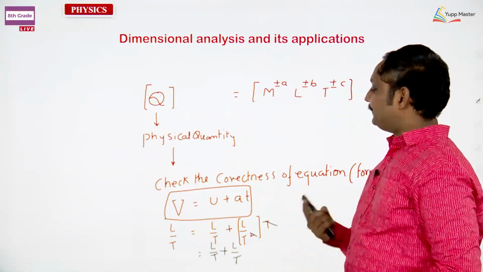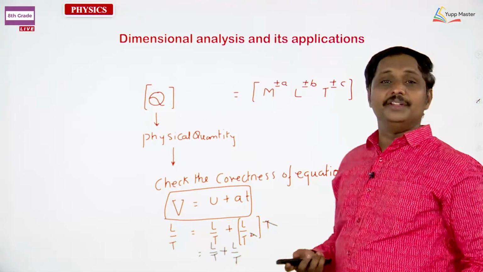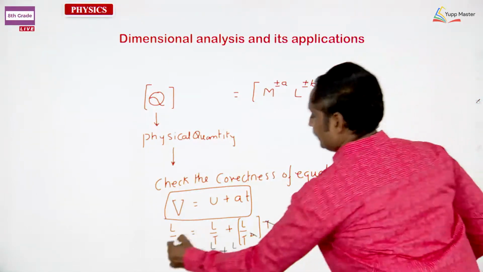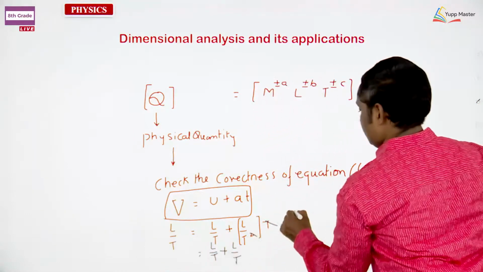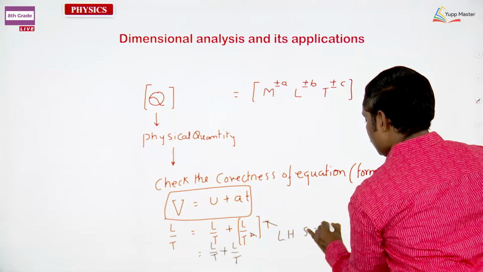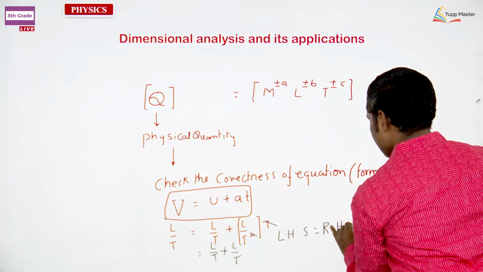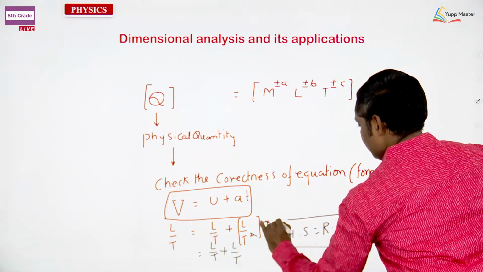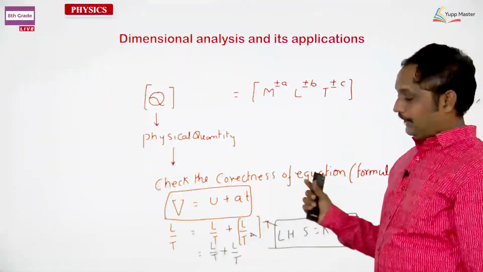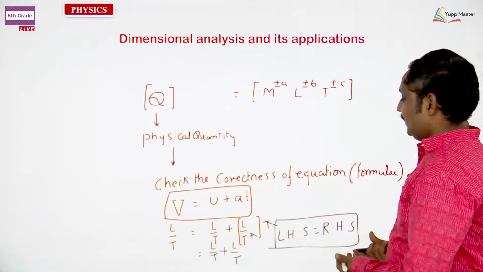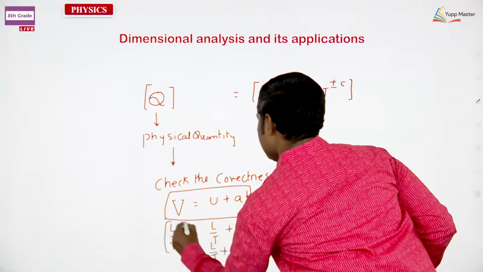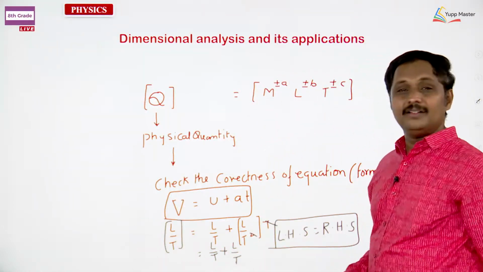Now let's go for another use. If you want to compare, LHS is equal to RHS. Yes, it is very clear, we have verified that it is correct. So the left hand side and right hand side are correct.